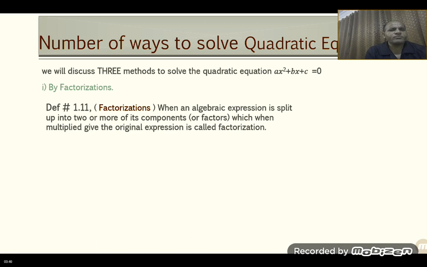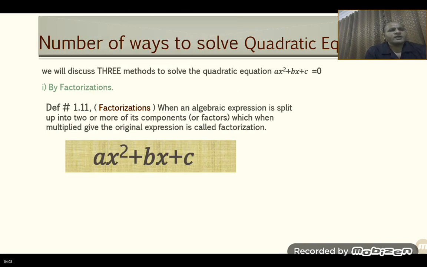For example, you factorize 6 into 2 parts, that is 2 into 3. When you multiply 2 by 3, it gives back what? 6. Similarly, if you multiply 2 and 4, it gives 8. So we say that 2 and 4 are the factors of 8.